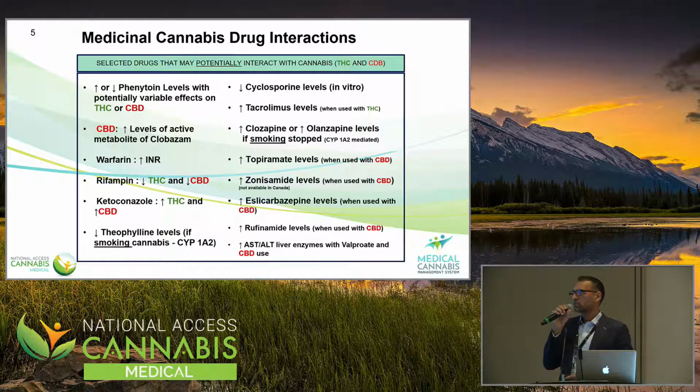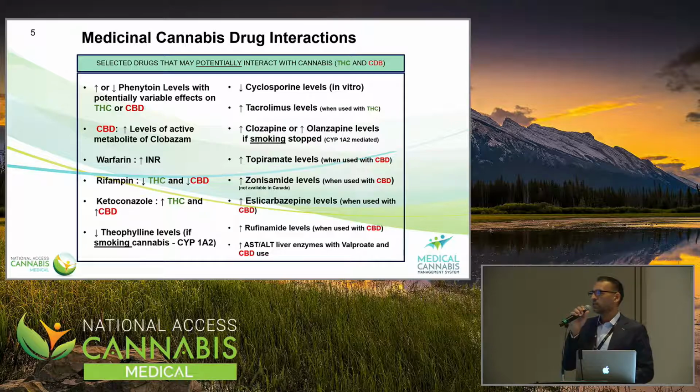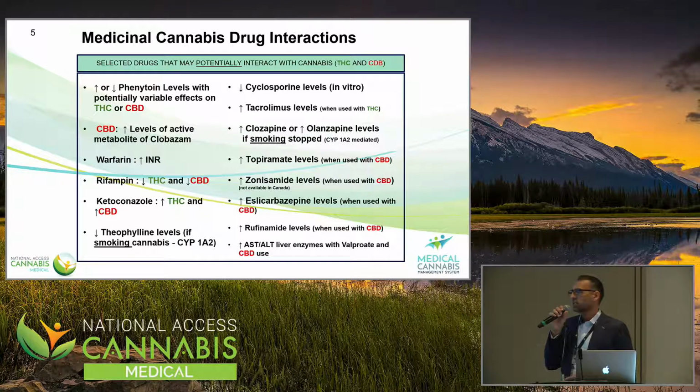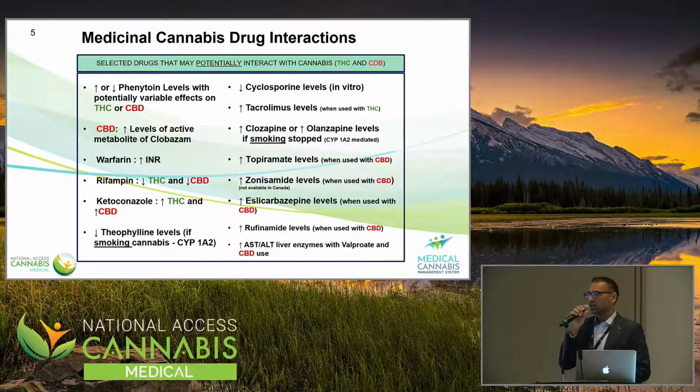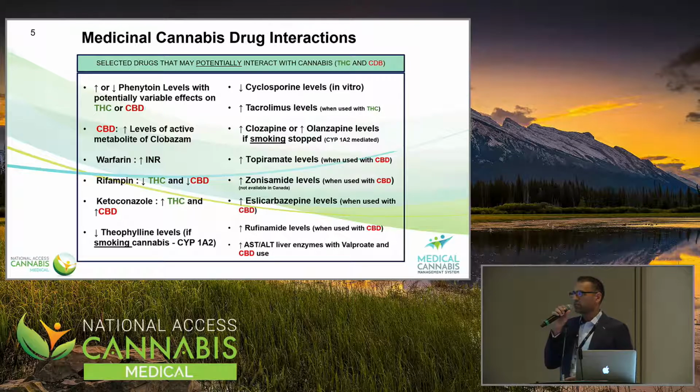There's some thought that it may, in vitro anyway, drop, the levels may drop with medical cannabis or cannabis in general. Some of these things were also done with patients who were using cannabis recreationally as well. So some of what we know has been extrapolated from that group. Tacrolimus as well, potential for increased levels.